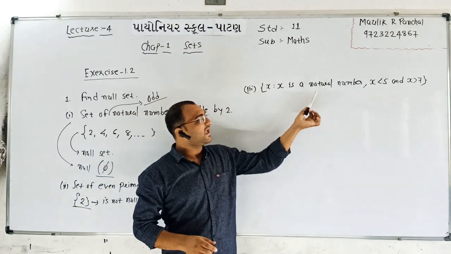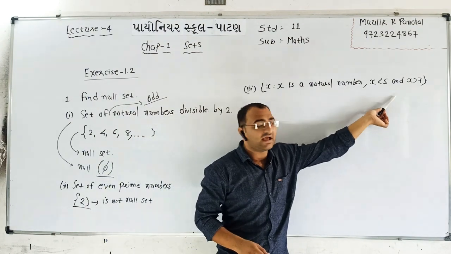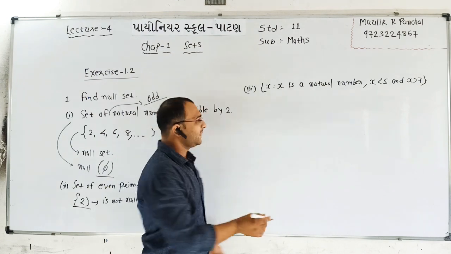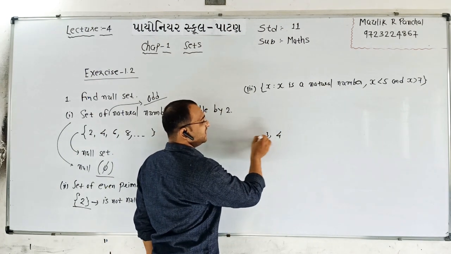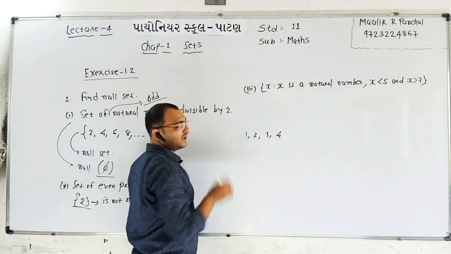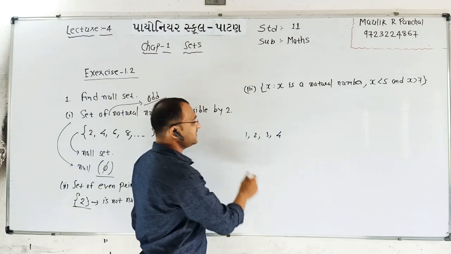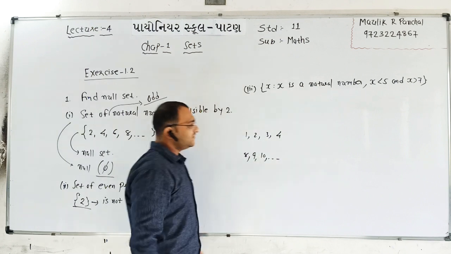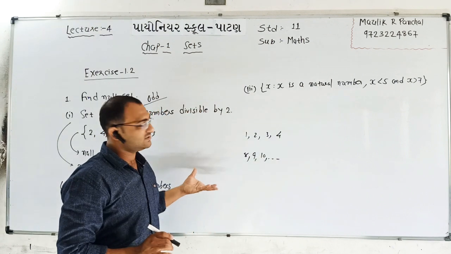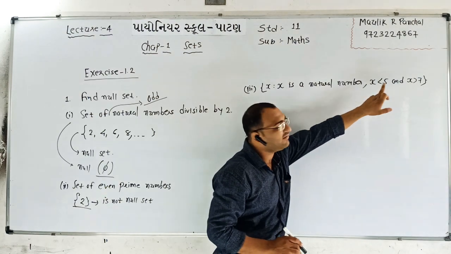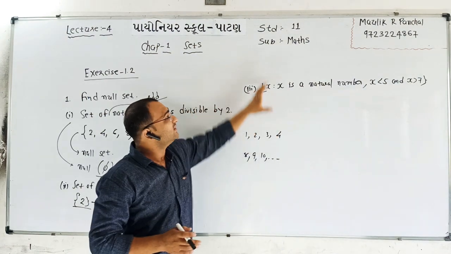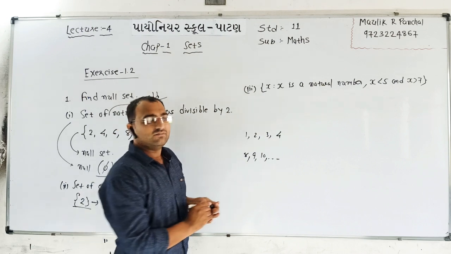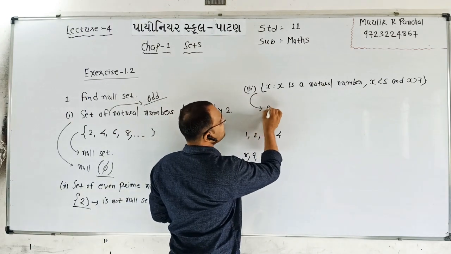We find x such that x is less than 5 and x is greater than 7. x less than 5 means x is 4, 3, 2, 1, and greater than 7 means 8, 9, 10 up to infinity. That means there is no x such that x is less than 5 and greater than 7. This set has no members or no elements, that means it is called a null set.